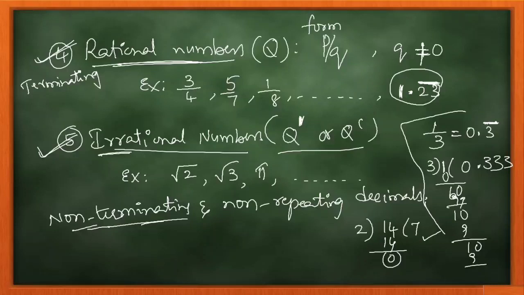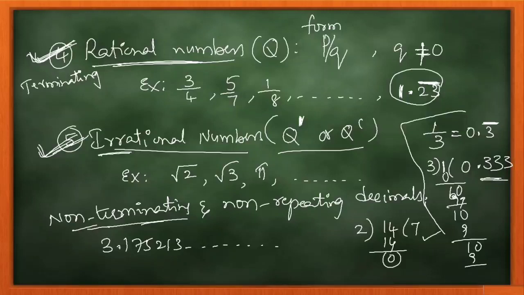So all repeating decimals will be rational. If you get a repeating answer, those numbers are rational numbers, and those which are non-repeating, like 3.17521 with no end at all and not repeating, are called irrational numbers.